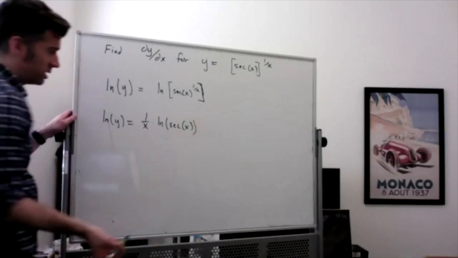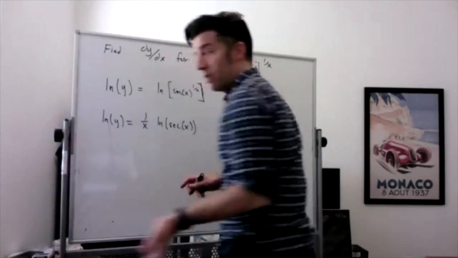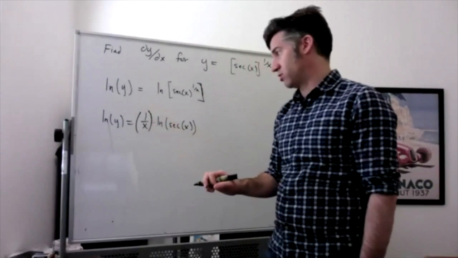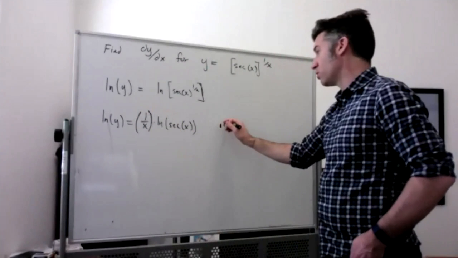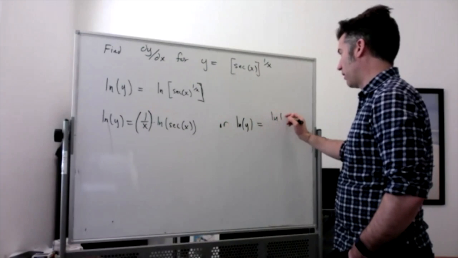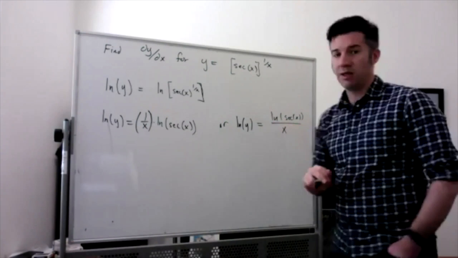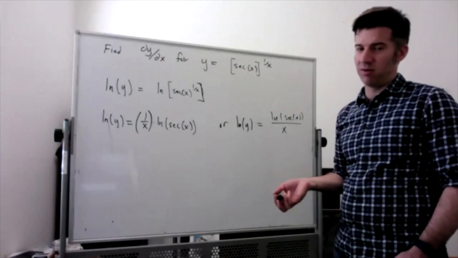Now, we do have a choice here. We could either think of this as 1 over x times the natural log of secant of x and use the product rule. Or if we wanted to, we could think of it as the natural log of secant of x divided by x and use the quotient rule. It's really the same work either way, or very similar work.